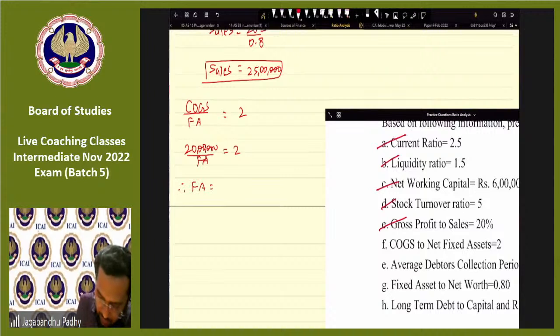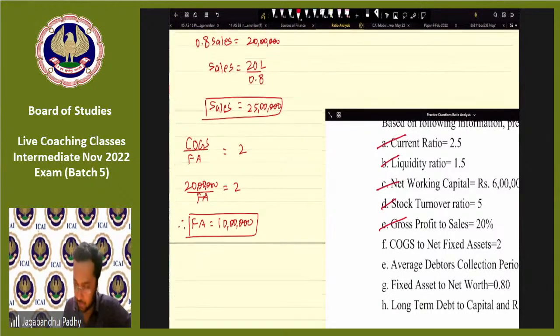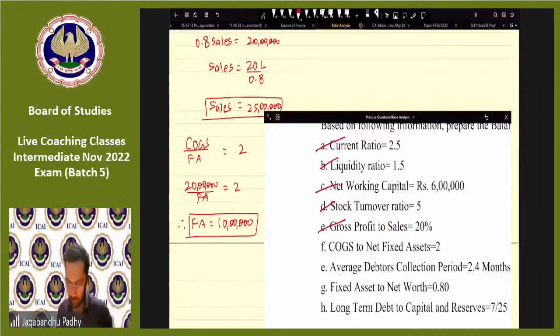Therefore, fixed asset is 10 lakh. Okay, we got a fixed asset of 10 lakh value. COGS to fixed assets, this ratio is also used.